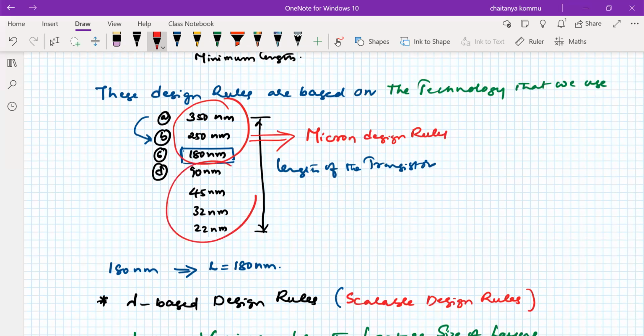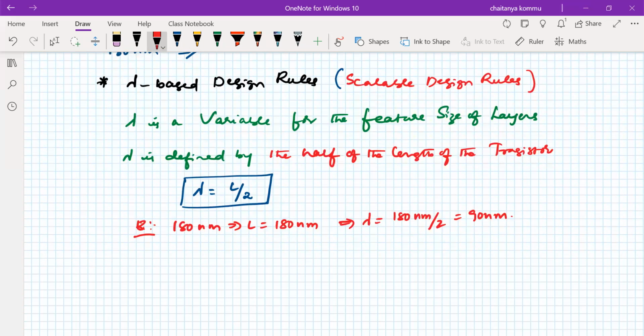From 90 onwards, people talk about nano design rules. 180 in the sense, we normally call it 0.18 microns. But it doesn't matter whether it's microns or nanometer. We normally use 180 nanometer, or otherwise we can also call it 0.18 microns, any name that we like.